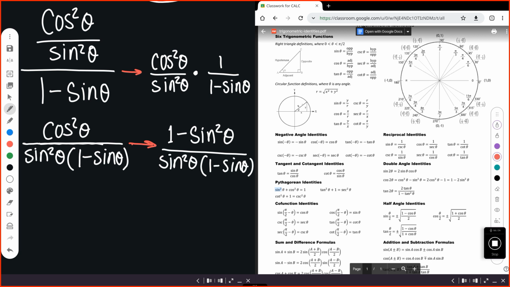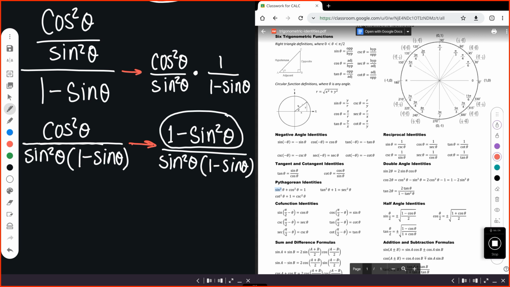The reason why I saw this and thought we're going to use the Pythagorean identity is because I look at this factor here, 1 minus sine theta. That looks like a factor of a difference of squares. And that's exactly what I have here.